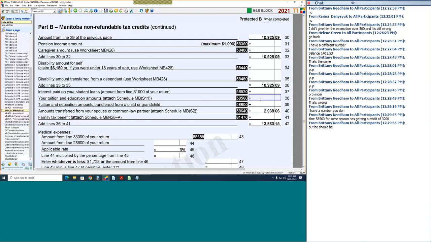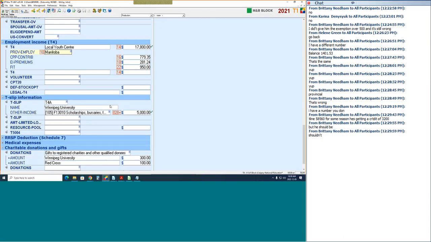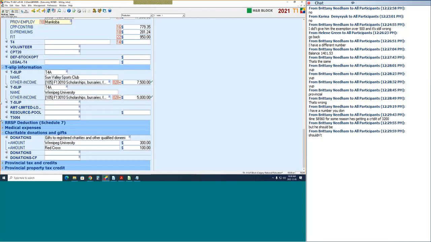So that means that you must have a tuition amount for him, and you shouldn't have a tuition amount for him. So if you have an entry for 58560, it means you have data entry in tuition for him. So I want you to notice I do not have a tuition receipt entered at all. I don't have 8 months full-time.